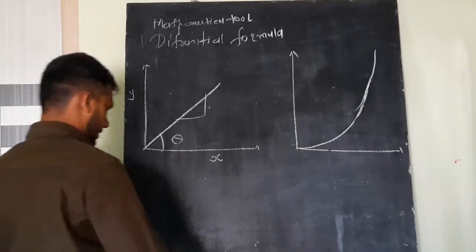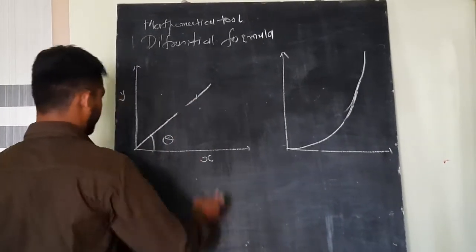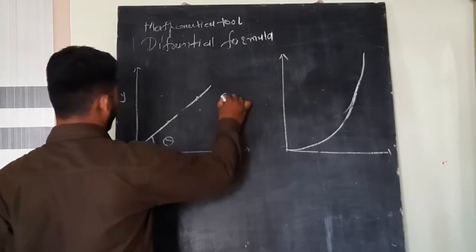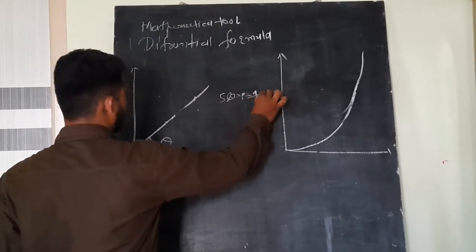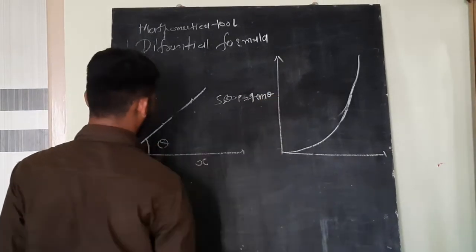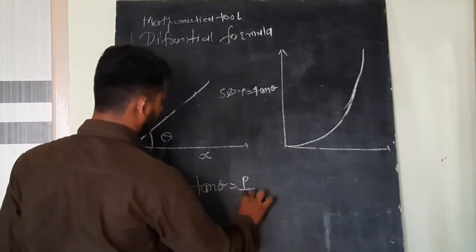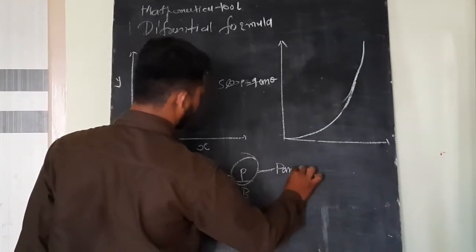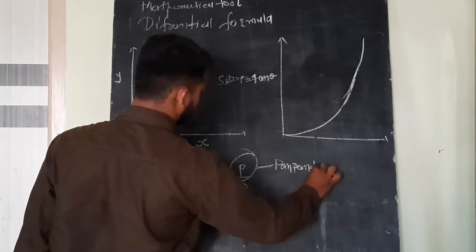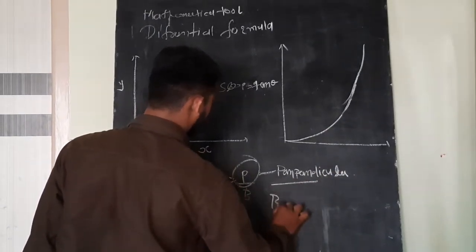Suppose we consider that the slope is equal to tan theta. So tan theta is equal to P upon B, where P is the perpendicular and it also has a base.